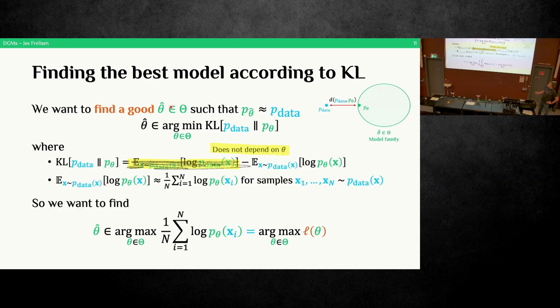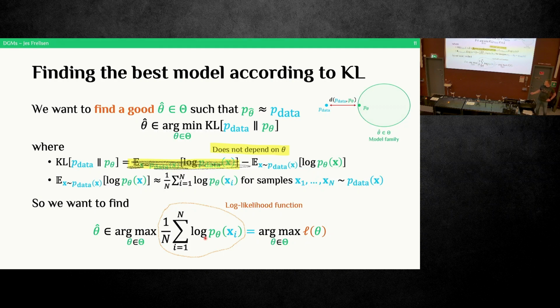So if we want to minimize the KL between our data generating distribution and our model, we want to find the parameters that either minimize this term, or, if we remove the minus sign, maximize the mean log probability of our data according to our model.